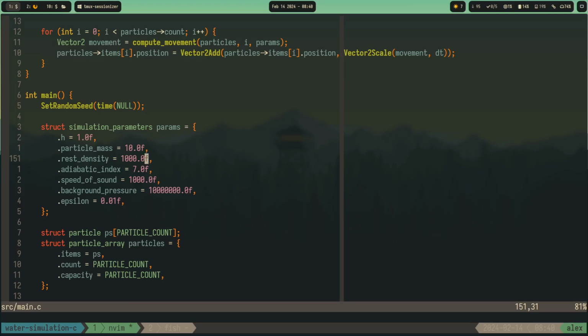The number of particles. So we know that we have, let's say, 1000 particles. Each particle has mass 1. So it means that the rest density should be 1000, right? Something like that. I think.